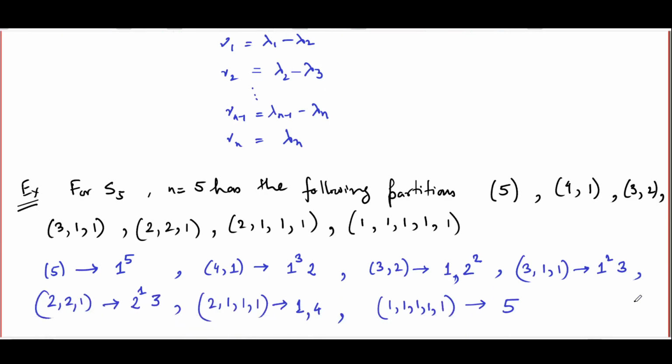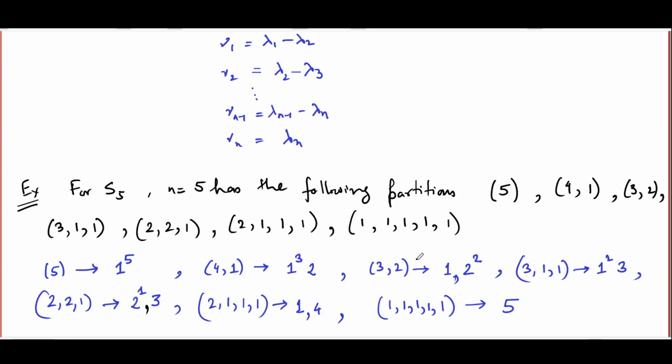Then we have 2, 2, 1, which gives you 0 for nu 1. 2 minus 1 equals 1 for nu 2 and 1 minus 0, 1 for nu 3. So 2 to the 1, 3 to the 1, or 2, 3 without the 1. That comma would simply be a way of not confusing this with 23.